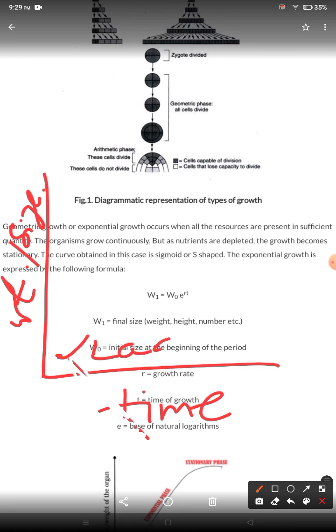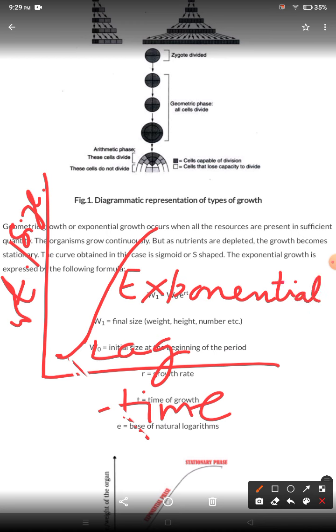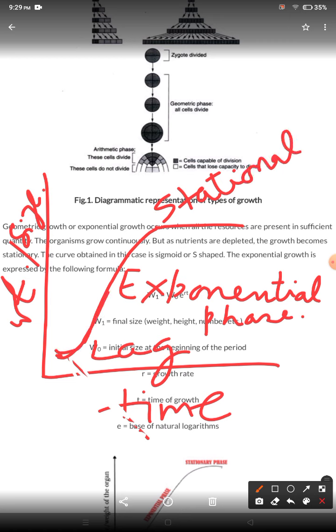That represents the lag phase. And then a rapid rise in growth takes place. That represents the exponential phase. Rapid rise in growth takes place due to the presence of a large number of nutrients or resources. And when these resources become depleted, the growth becomes stationary again. So the third phase is stationary. So here we obtain an S-shaped curve in case of geometric growth.